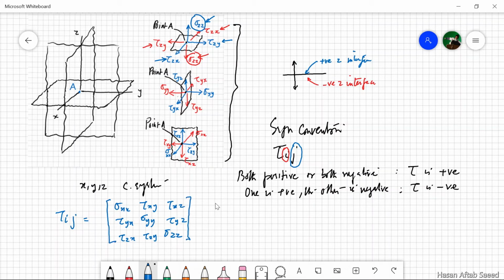Knowing these 9 components, some of which may well be 0, we can easily express the state of stress at the same point in any other coordinate system, for example, x dash, y dash, z dash coordinate system.